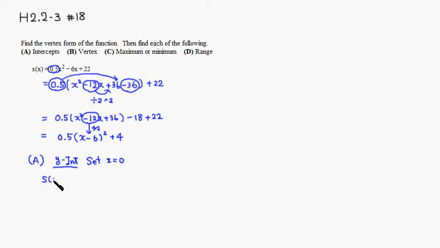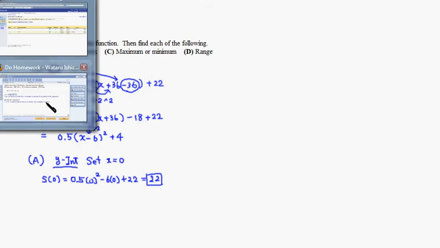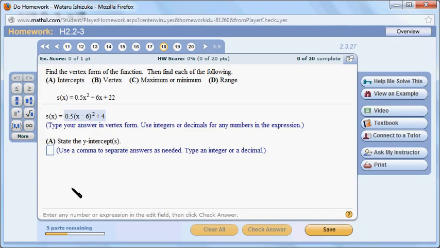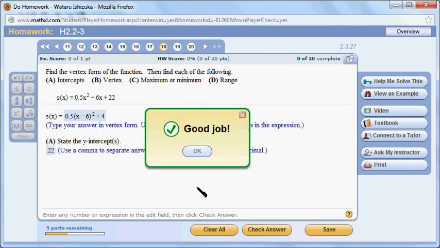So s of 0 is going to be 0.5 times 0 squared, that's a long way of saying 0, minus 6 times 0, again that's 0, plus 22. So you can see that 22 is the y-intercept. So go back and type it in. So y-intercept is 22. Check answer. All right, we got that.